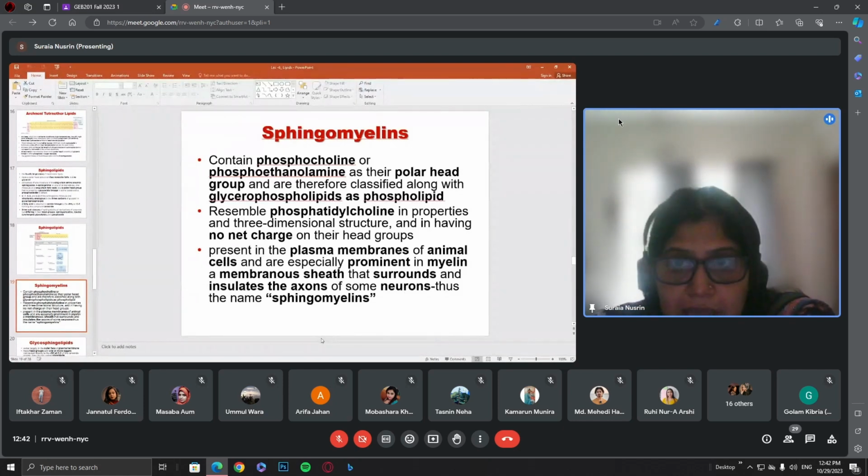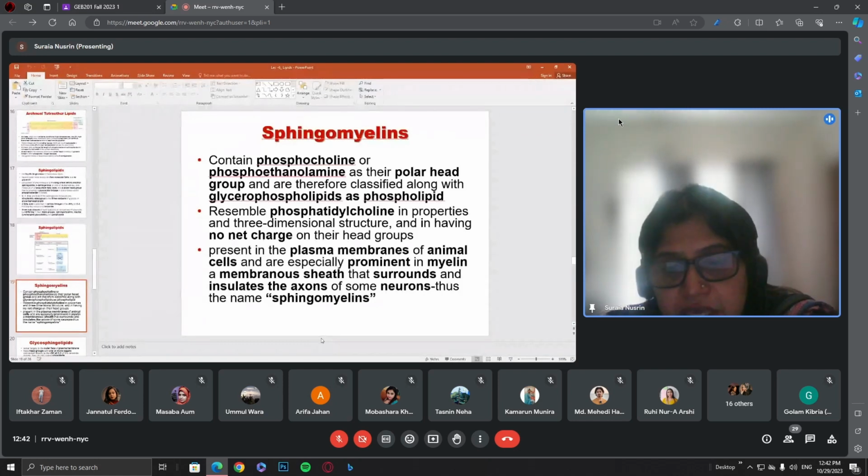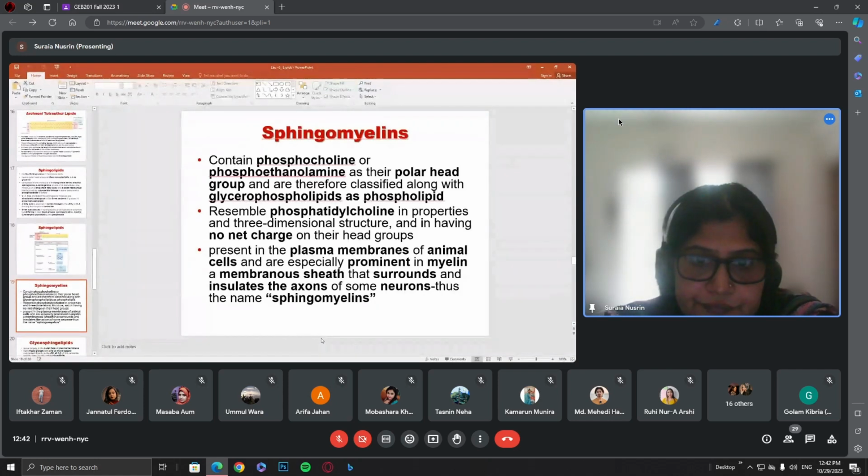So that layer is called myelin, and from myelin the name of the sphingolipid comes, which we call sphingomyelin. Is it clear?